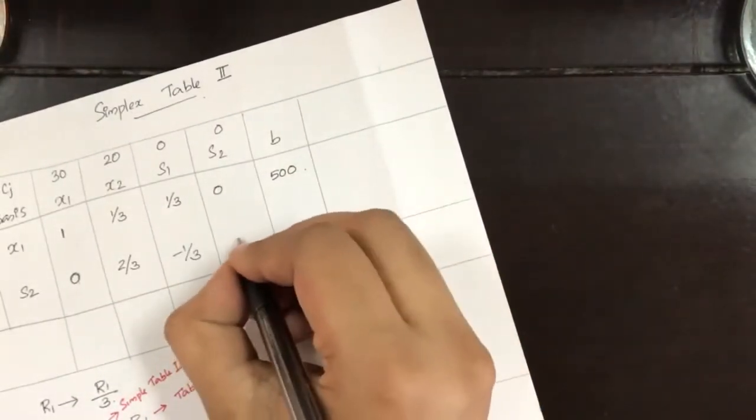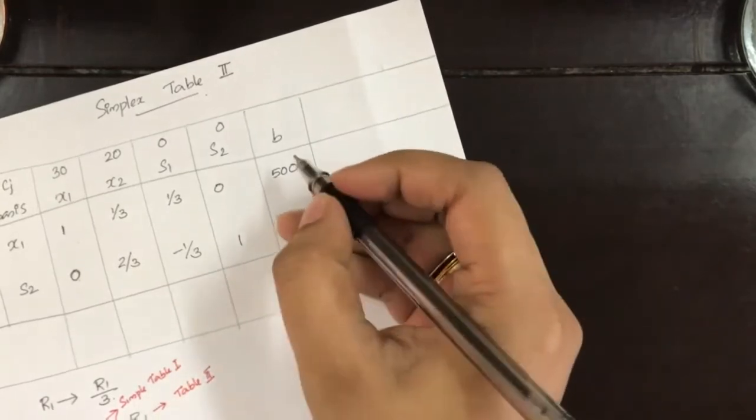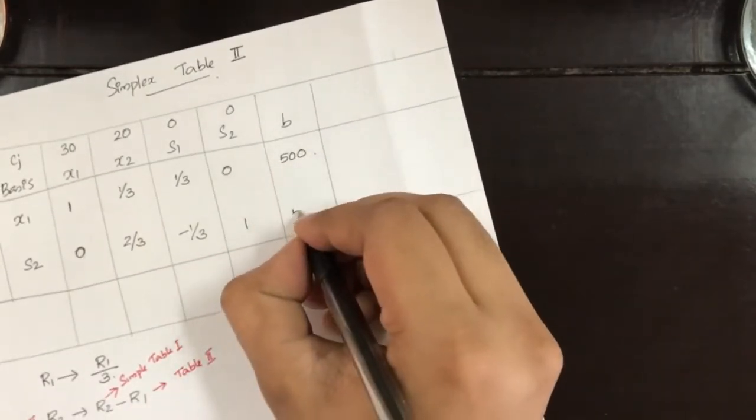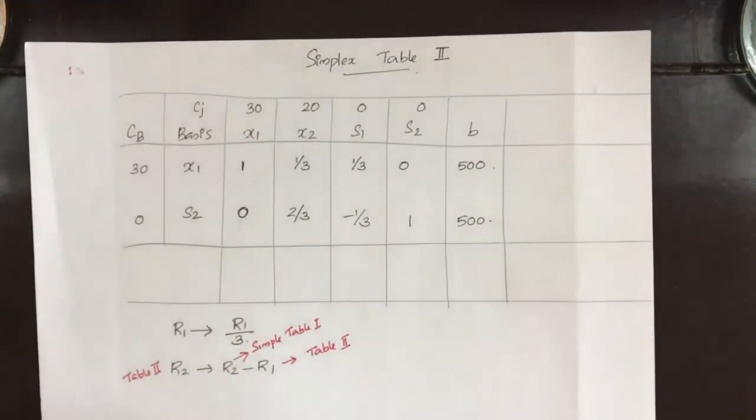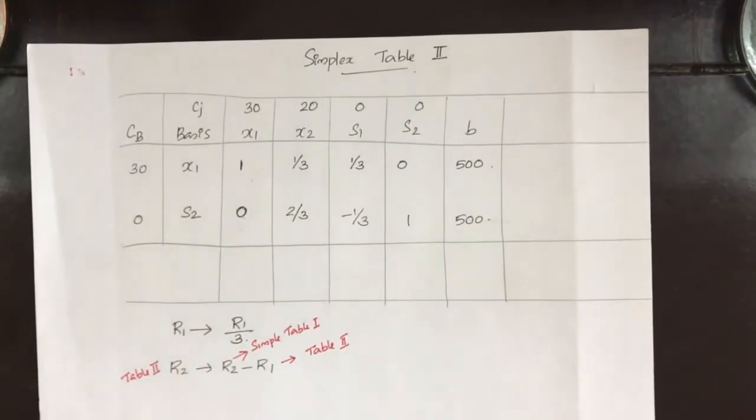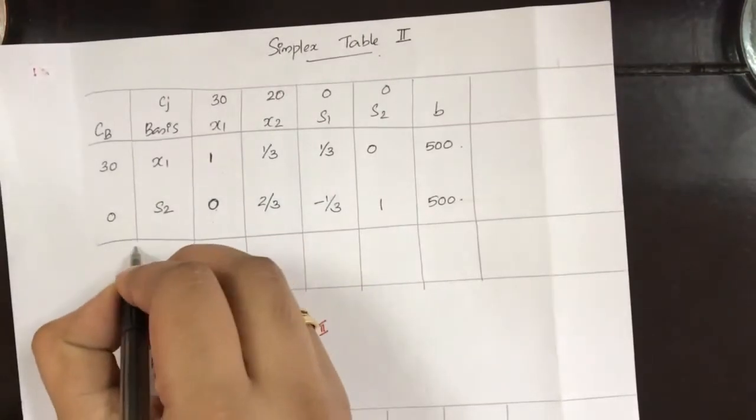Next, 1 minus 0, 1. 1000 minus 500, 500.